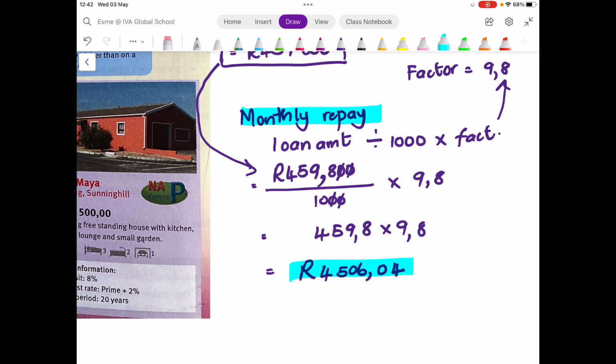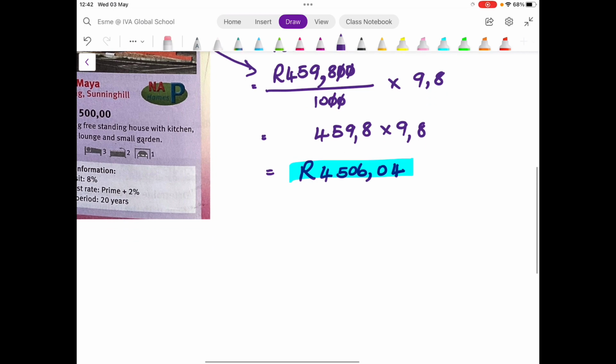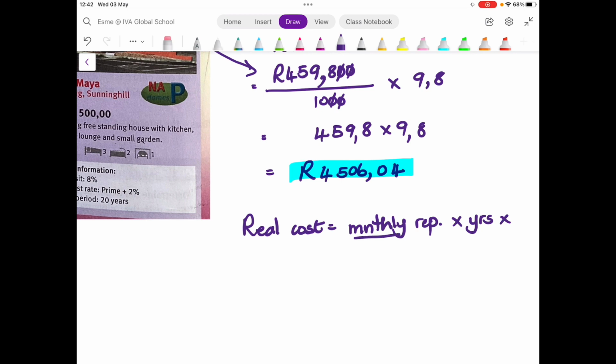So the real cost is going to be your monthly repayment times the years, and because this is monthly, we've got to change the years to months. So our monthly repayment is 4506,04 multiplied by 25 years times 12 months.